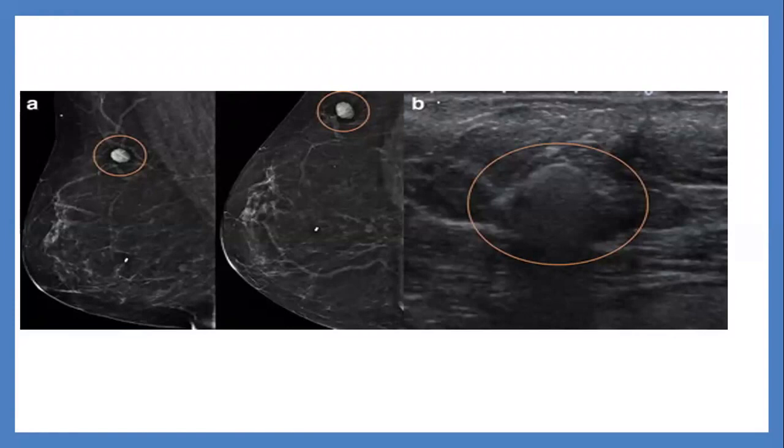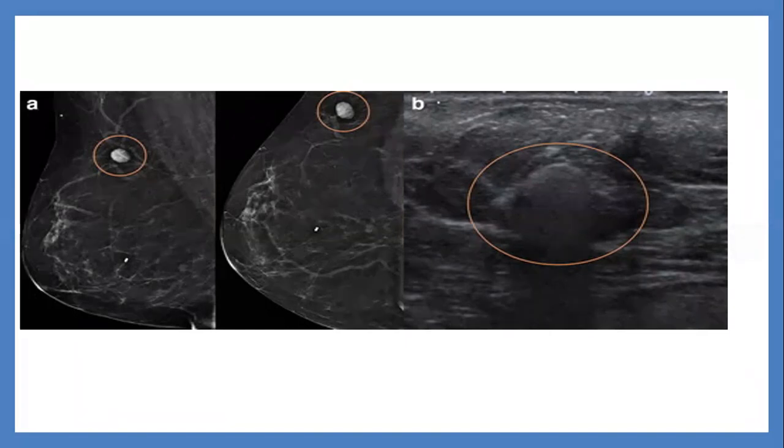It indicates silicone rupture at the breast. Yes, excellent. But I indicate extracapsular rupture and silicone migration to the lymph node. This is silicone adenopathy.